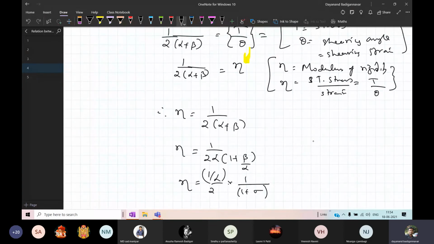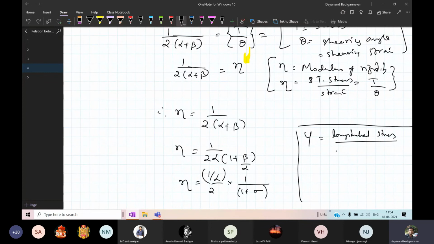Now here you know that Y is Young's modulus, the ratio of longitudinal stress by longitudinal or linear strain. This is how I define it. Therefore, Y I can define as 1 over linear strain by longitudinal stress.